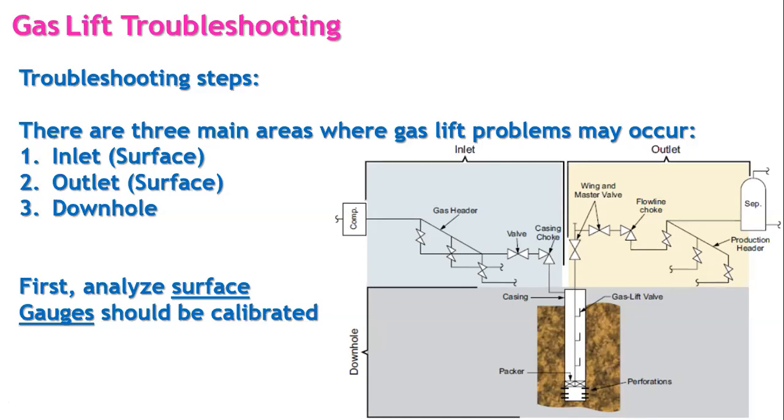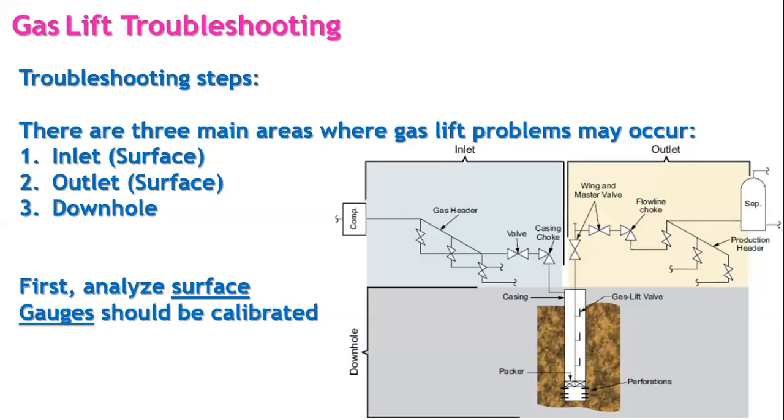So it is the production from the wellhead down to the separator, including any problem with flow lines and chokes. The inlet and outlet are on the surface, and then we have the downhole problems.